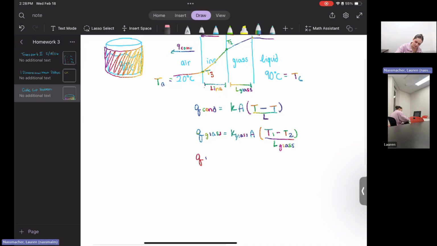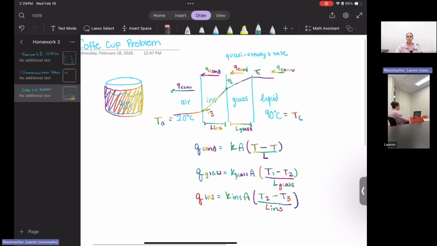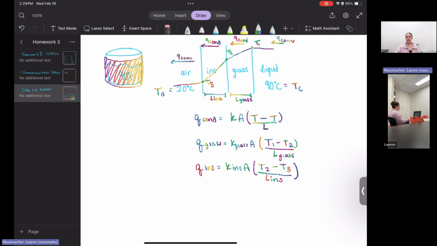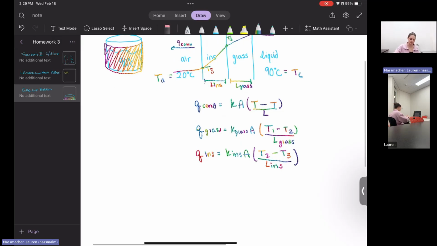Repeat this process with our insulation. Our thermal conductivity of our insulation multiplied by the area, T2 minus T3, over the length of the insulation, and now we have both heat loss equations. For our heat loss of convection for the liquid and the air, the equation is going to look slightly different.